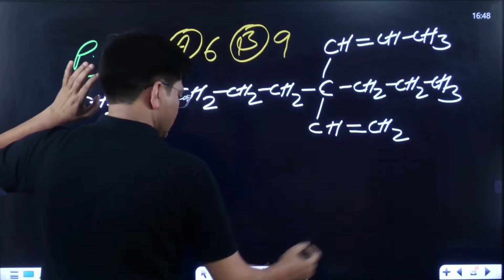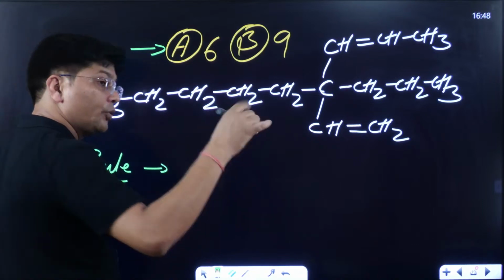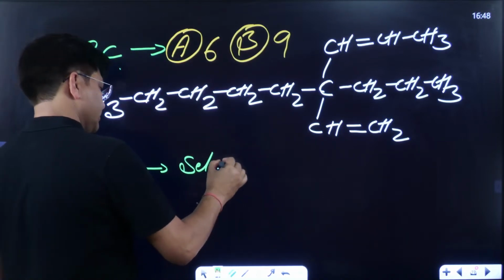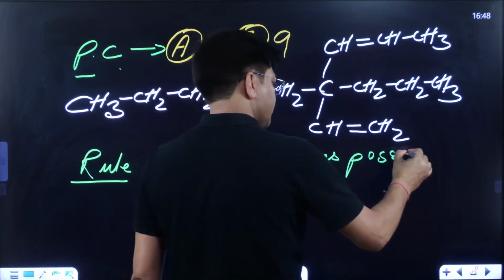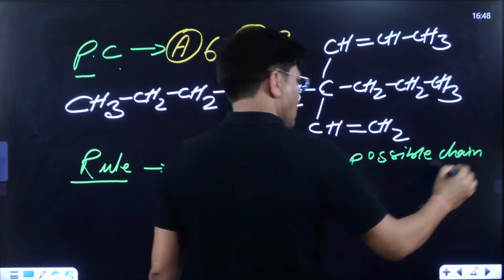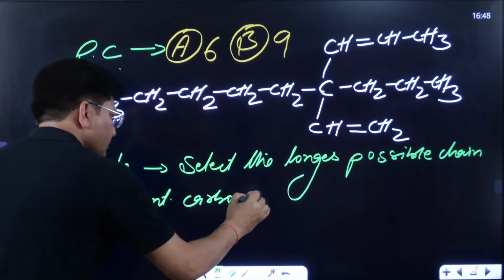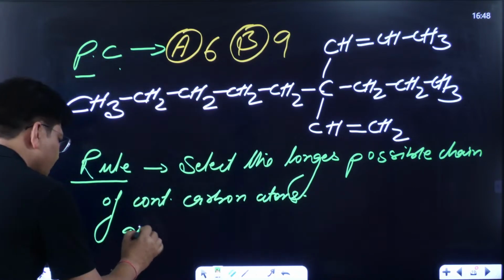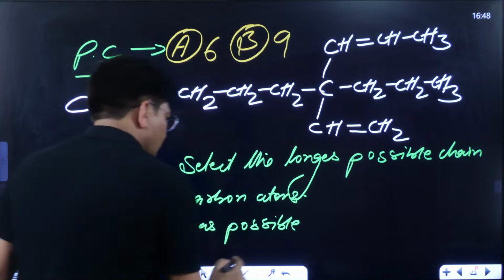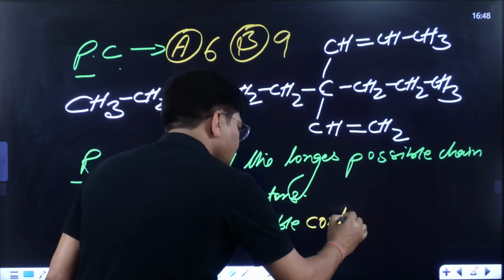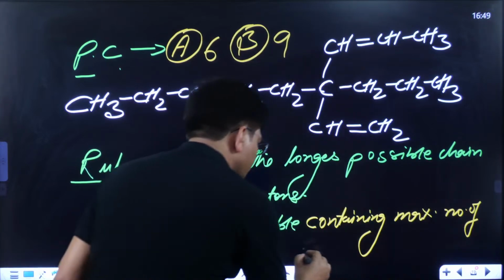Let me tell you, the rule says, I've told you in the previous class also: select the longest possible chain of continuous carbon atoms, as long as possible, containing the maximum number of multiple bonds.